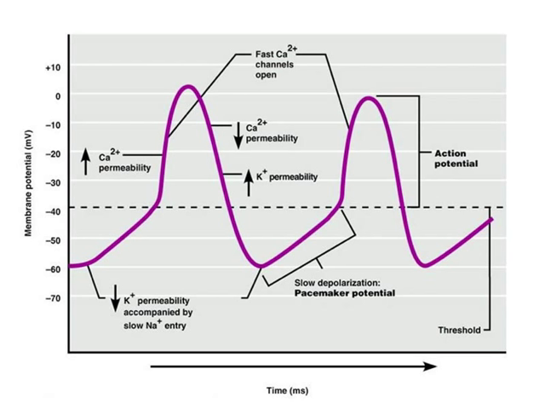So this is the sinoatrial node for comparison, and the purple line is analogous to the red line on the last slide. It is the trace of membrane potential through the cycle of polarization and depolarization. So normally at rest we are polarized. There is a negative charge in, positive charge out.